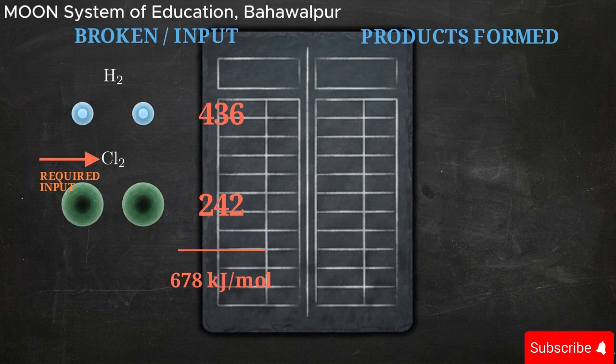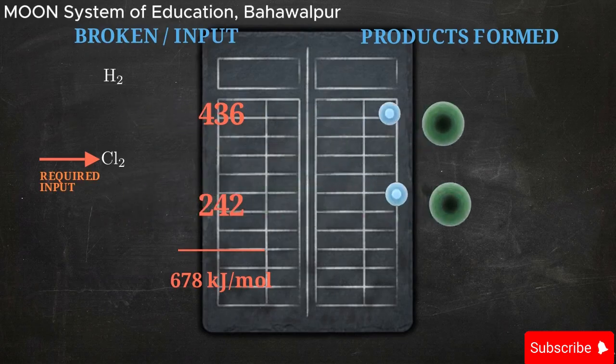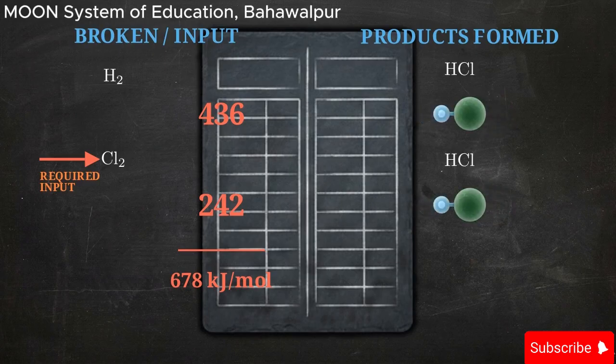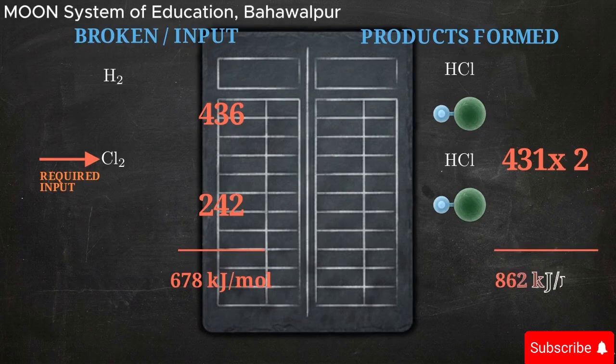With the initial molecules dismantled, we shift focus to the right side of the ledger to log the products formed. The chemical equation dictates that this specific reaction produces exactly 2 moles of hydrogen chloride bonds. The exothermic release for forming a single mole of HCl bonds is 431 kilojoules. Because we form 2 moles, we multiply that release by 2, giving us a total gross energy return of 862 kilojoules.